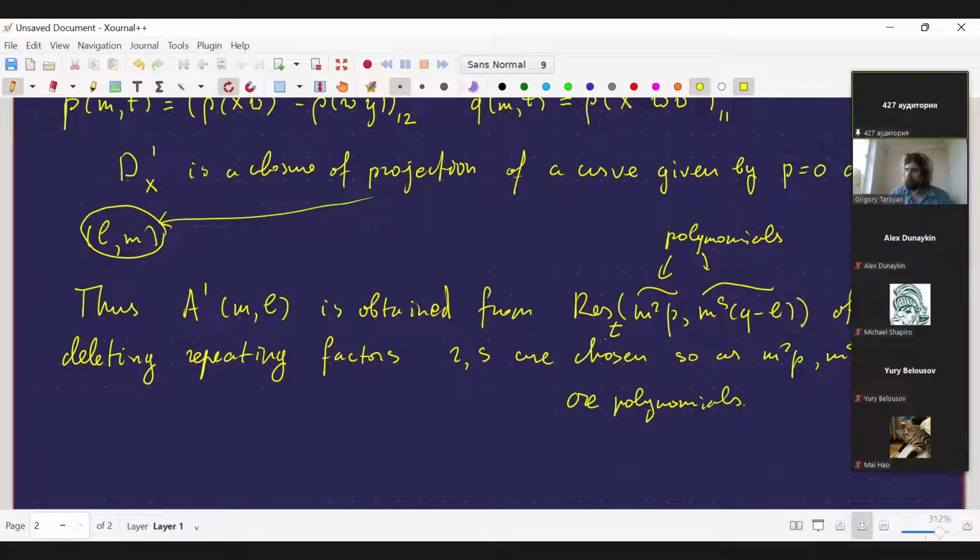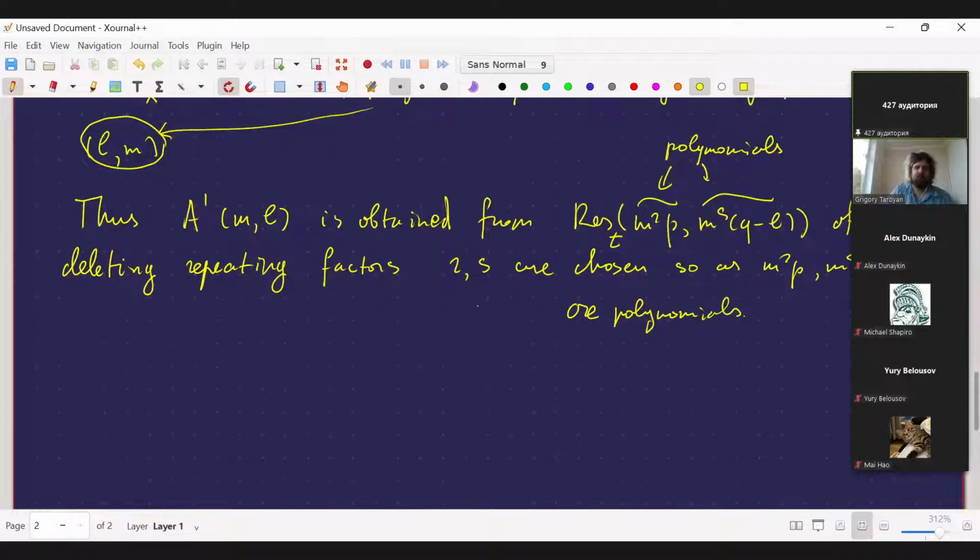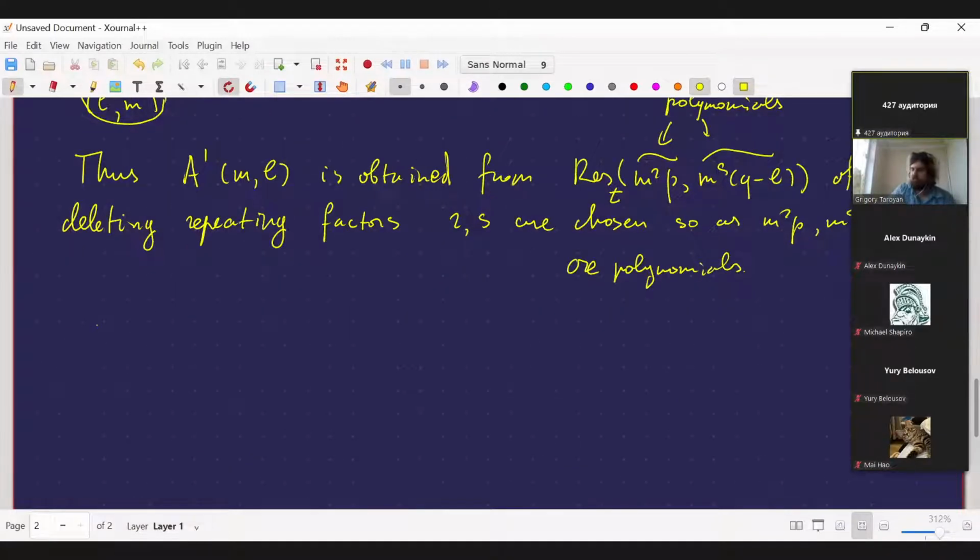Okay, so let me very quickly show an example, even more concrete than before.